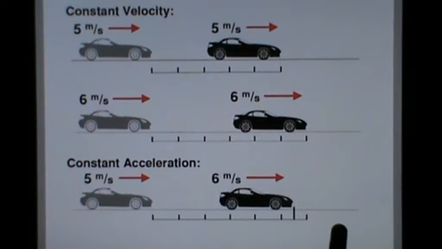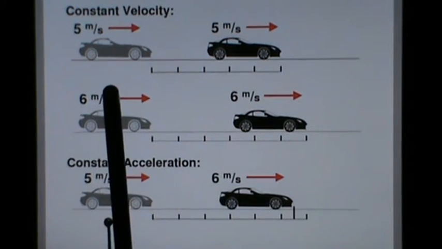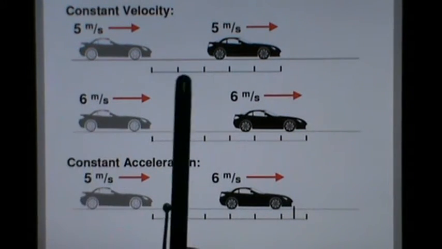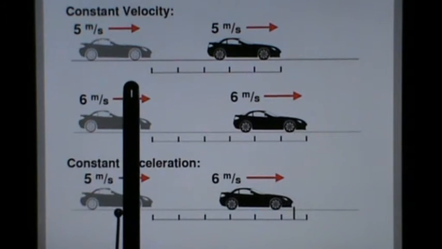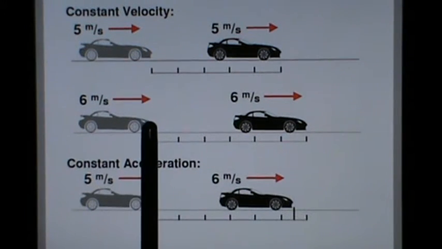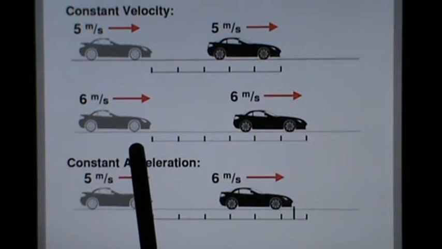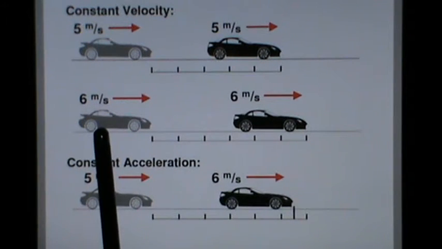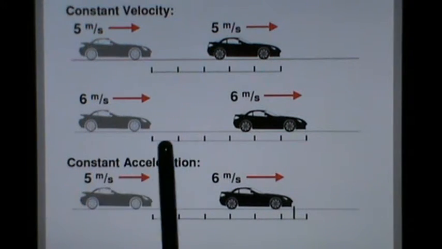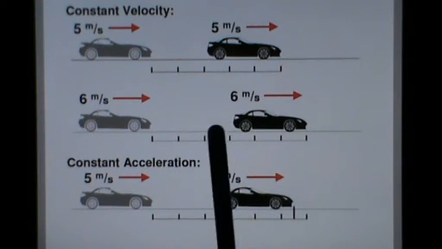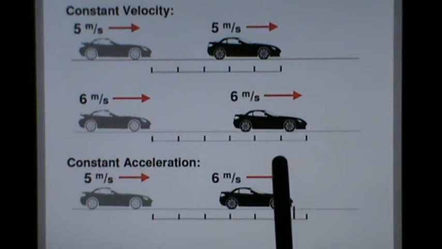Well, because if the car travels with 5 meters per second, the distance will be 5, and that's the minimum. And if the car travels with 6 meters per second, the distance traveled will be 6 meters, and that's the maximum.